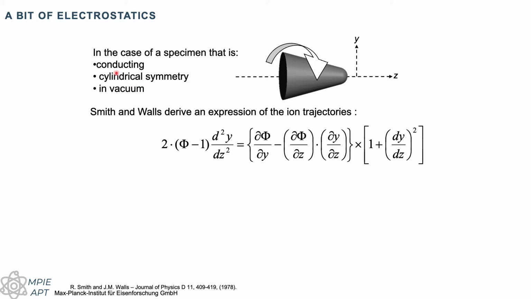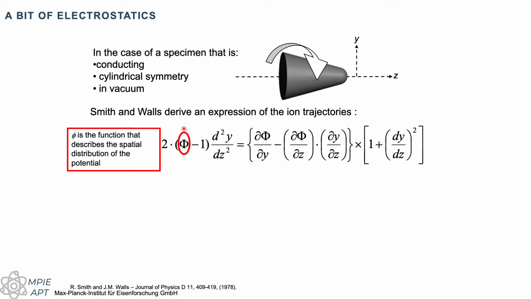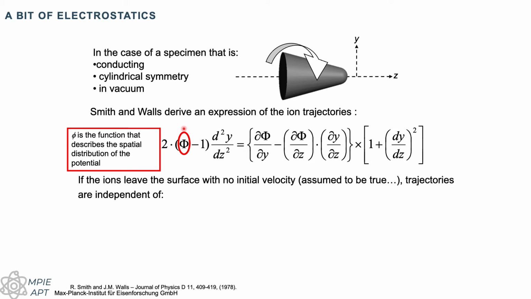We can use this for all of the different masses and all of the different charges, because when Smith and Wells, a bit more than 40 years ago, derived the analytical expression for the distribution of the potential and hence the field, and calculated the trajectories associated to this field distribution, they could actually show that the potential distribution and the trajectories do not depend on the mass, on the charge, or the voltage, assuming that the ions leave with no initial velocity, which we can assume to be true because the transition from atoms to ions happens right at the specimen surface.